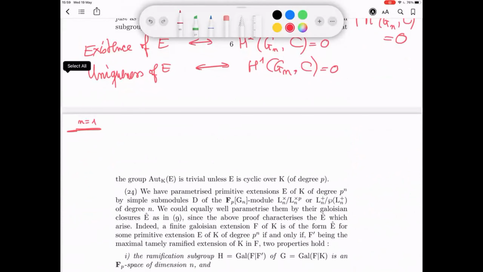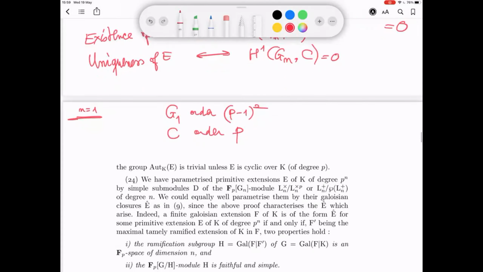In that case, what is the order of G_1? The order of G_1 is (p minus 1) squared. And what is the order of C? The order of C is p, because we were looking at cyclic extensions of degree p.